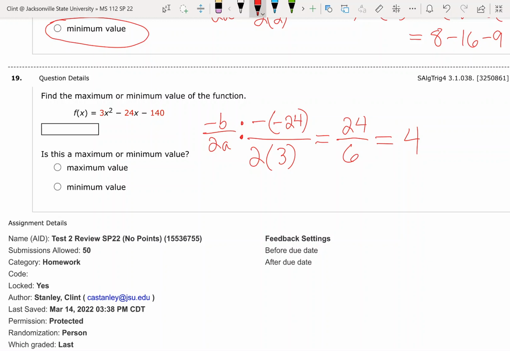And then to get the actual value, we want to find f of 4. That's 3 times 4 squared minus 24 times 4 minus 140. Numbers are a little bigger on this one. Again, feel free to use a calculator.